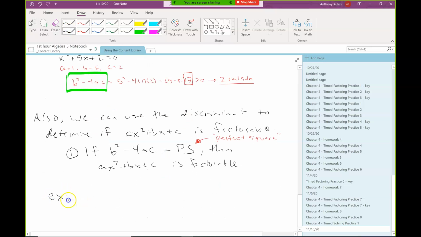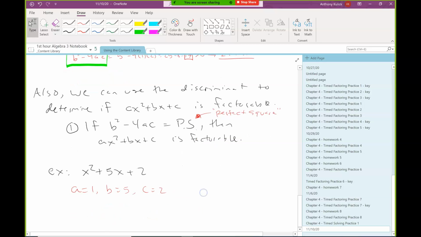So for example, if we go back to this quadratic, it gave us 17, right? This was the same quadratic we did in the previous example.